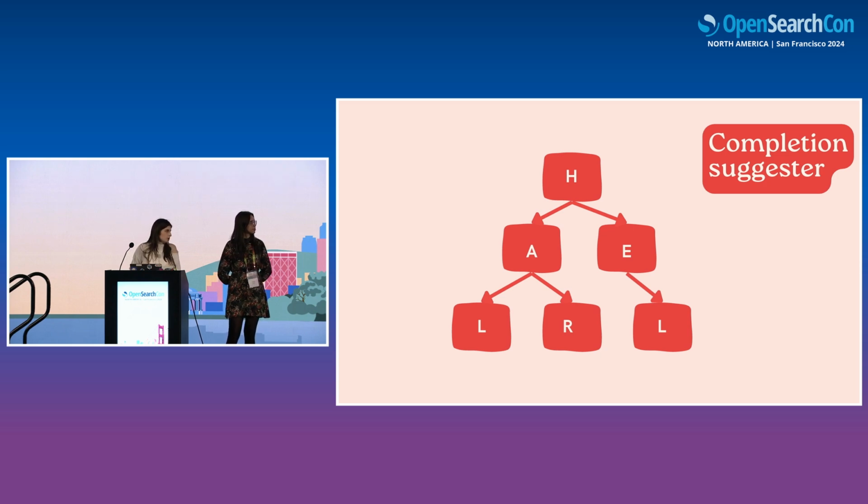Suppose that we want to insert Harry and hello. And during insertion, OpenSearch will take this data and build a tree around this. For example, with Harry, it will put the H as the first root. With Harry and hello, A it will use as a child of the root node.